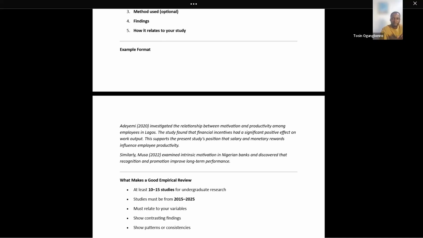You have to use in-text citation in every part of your work. You have to use in-text citation everywhere. That's what makes it a research.